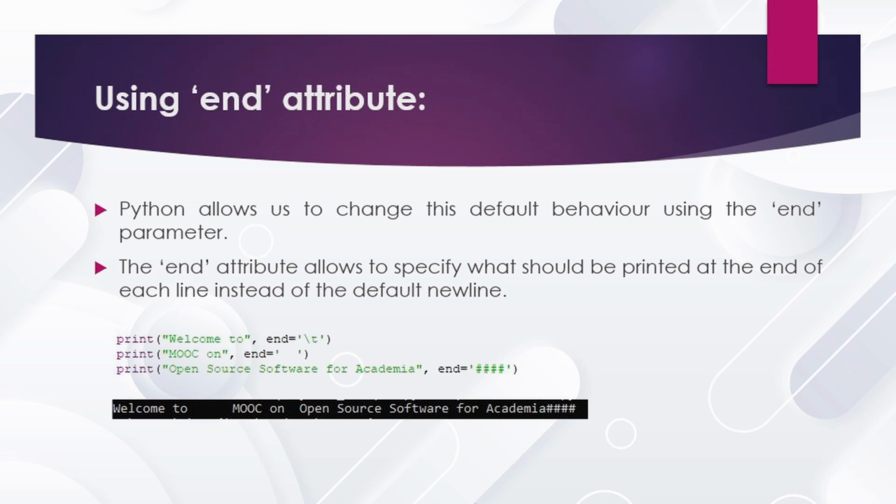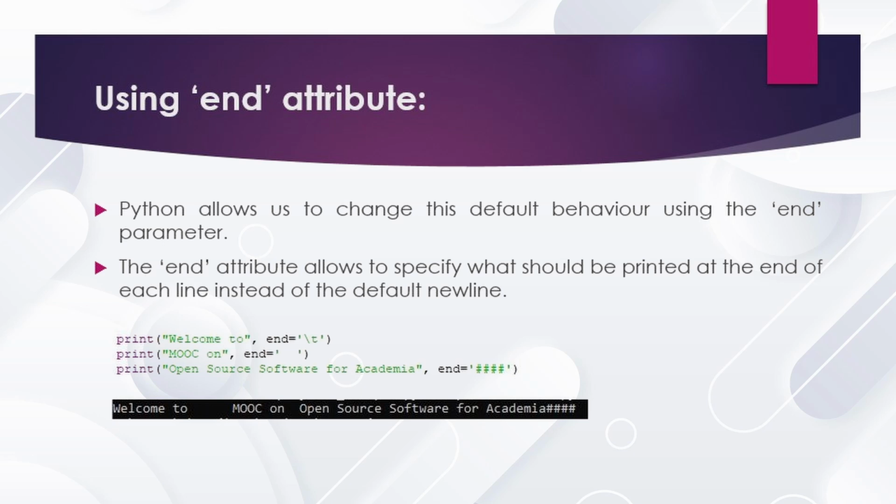The end attribute allows us to specify what should be printed at the end of each line instead of the default new line. This is especially useful when we want multiple print statements to display their outputs on the same line, or when we want to end a line with a specific character or string, such as a space, a tab, or a custom symbol.